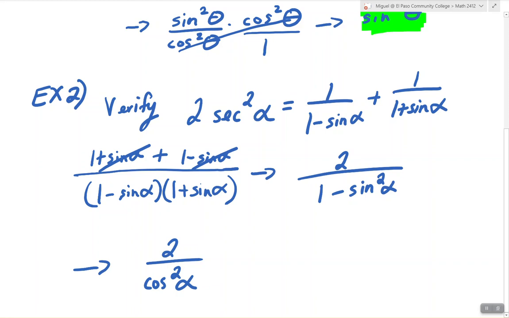And we're getting closer, because we're trying to get to secant. Of course, cosine is the reciprocal of secant, so all we have to do is convert this to secant. So 2 over 1 over secant squared, but because it's in the denominator, it's going to flip up and get placed in the numerator next to the 2.